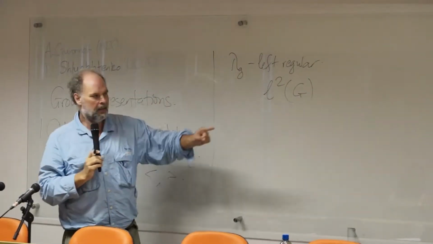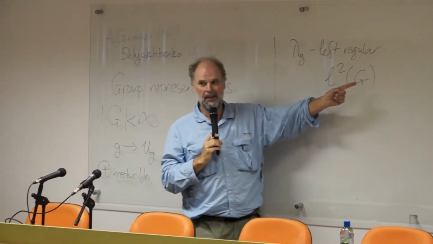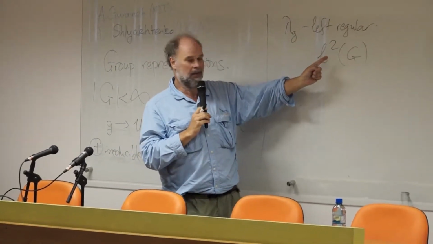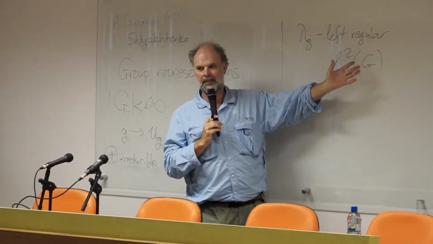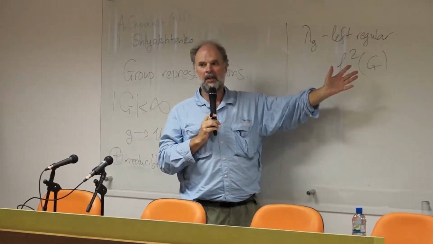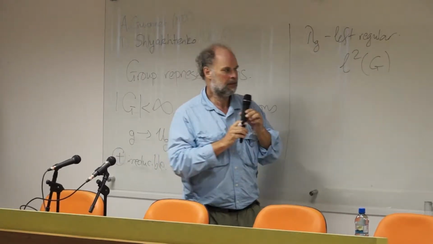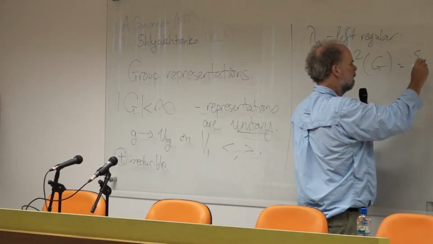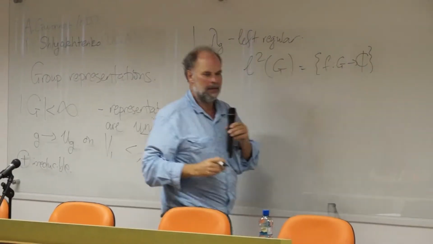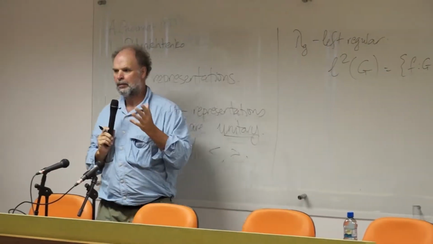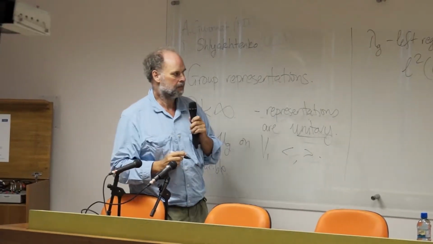I'm going to use fancy notation for G is finite here, but I'm going to say, even so, little L2 G. It's nothing but fancy notation for the functions from G to C. I wouldn't really have to do that, but I'm preparing ground, obviously, for later on.